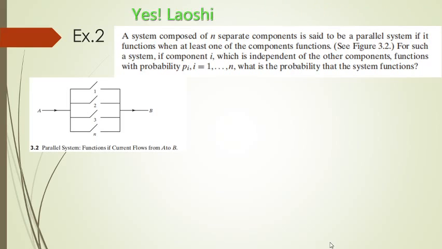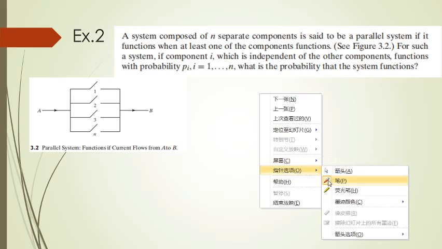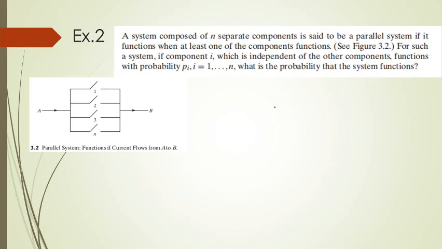Okay, let's continue example 2. A system composed of n separate components is said to be a parallel system if it functions when at least one of the components functions, right? We can check from these parallel systems, and it's like a circuit.